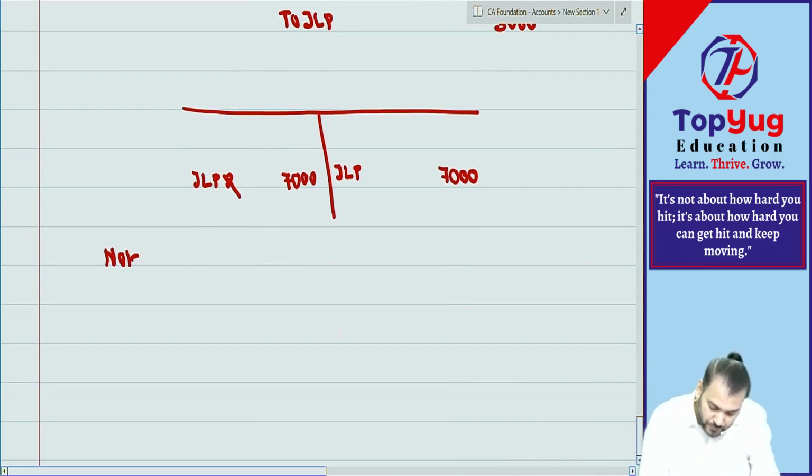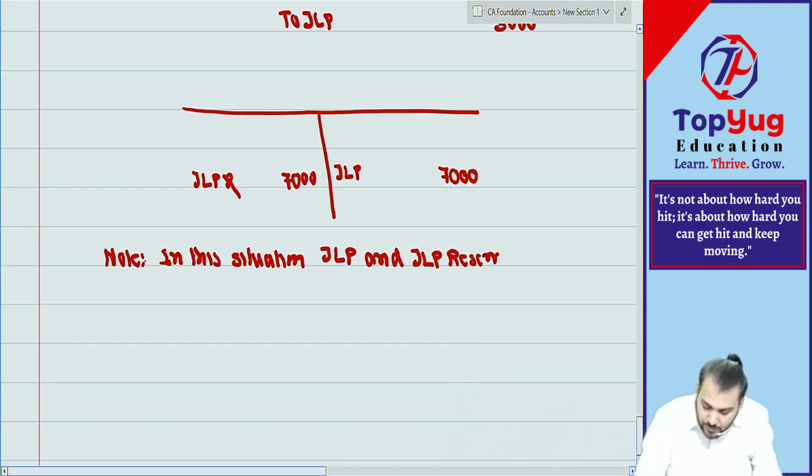Note: in this situation, JLP and JLP reserve both are maintained in the balance sheet at surrender value.